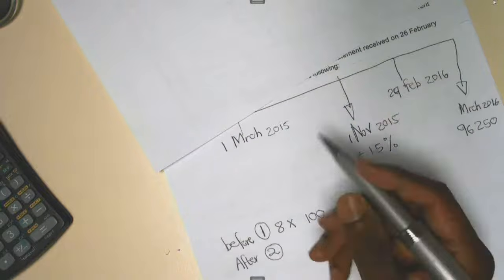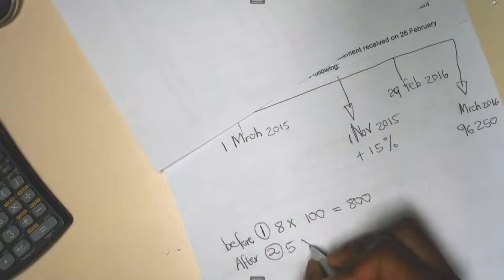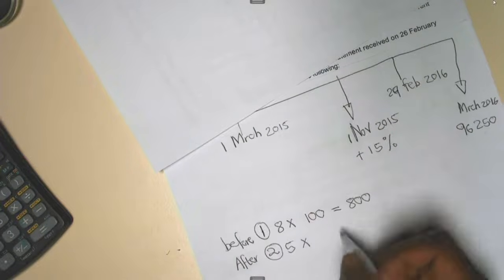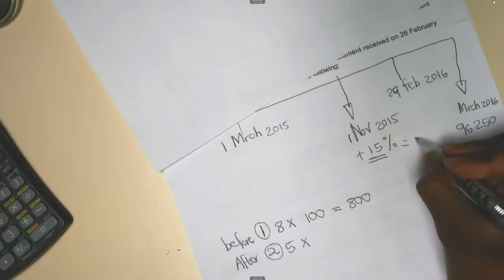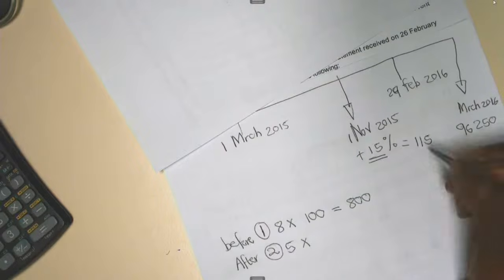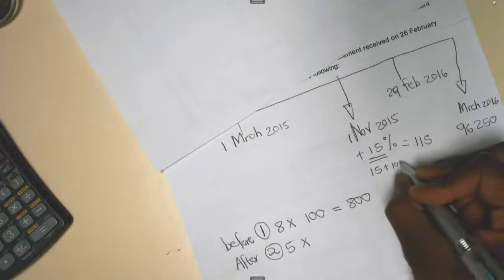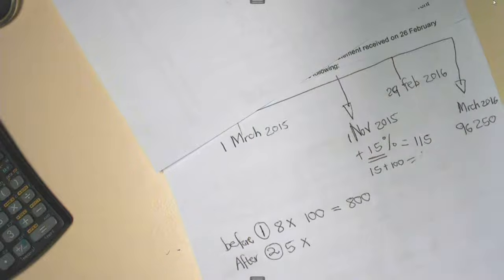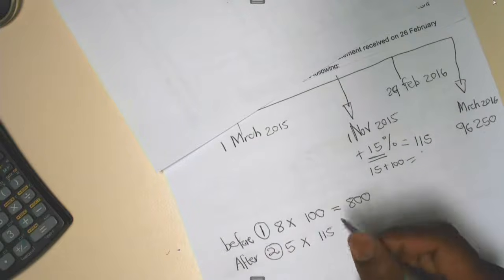We have about 5 months there with an increase. Right, now something happened. It has increased with a 15%. That 15% becomes now 115. Where does 115 come from? 15 plus 100. Then it gives you that.